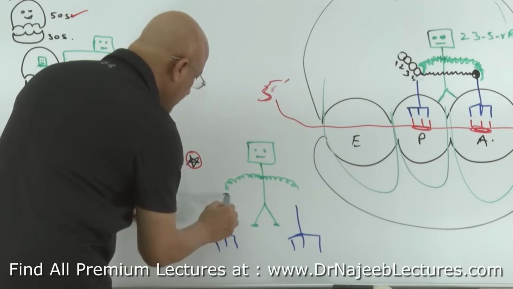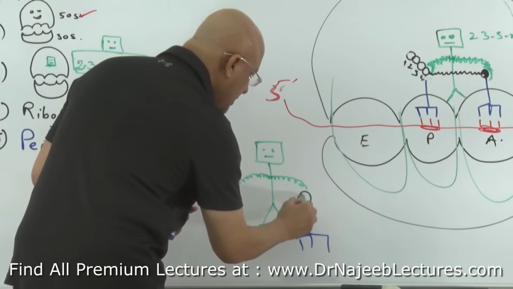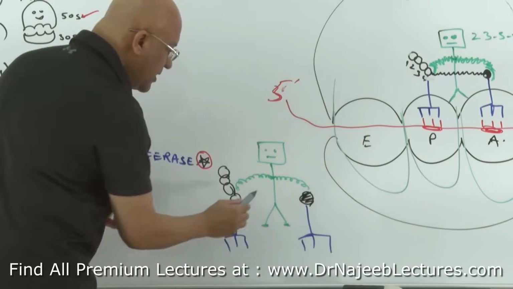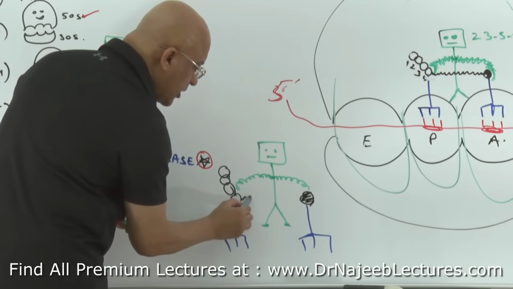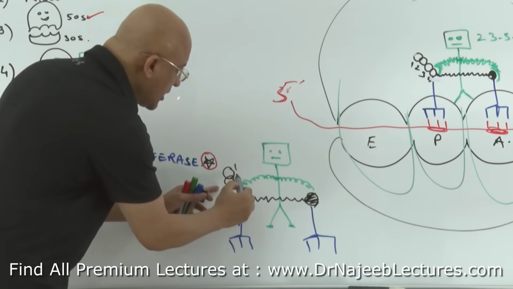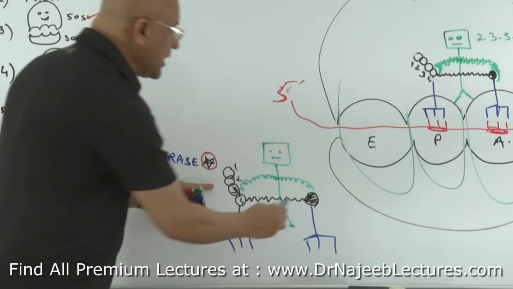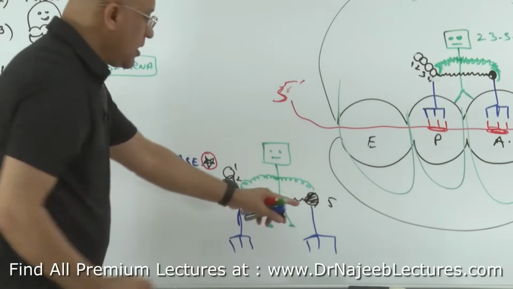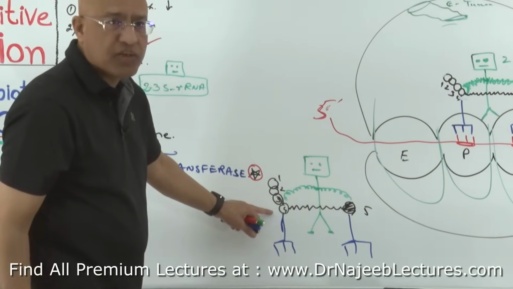So there was a short chain, right? And this was the new amino acid. First of all, this enzyme, the ribozyme, made a bond between them. Now, amino acids number 1, 2, 3 and 4 were already part of the chain. Now the fifth, new amino acid also connected with the chain.